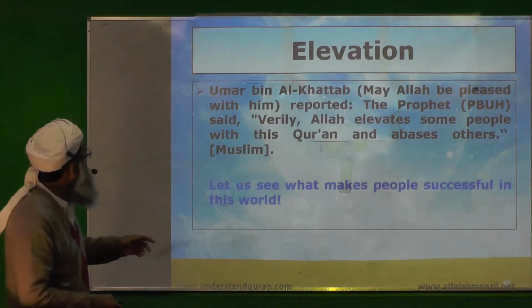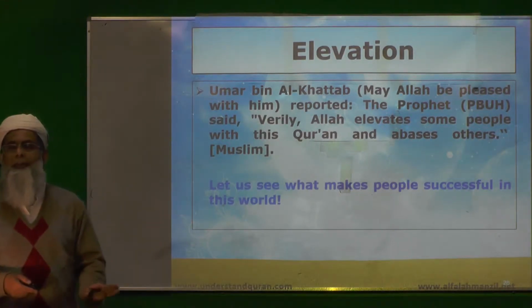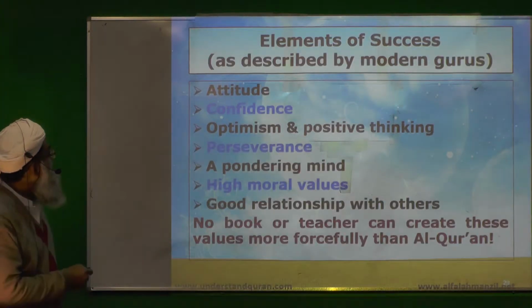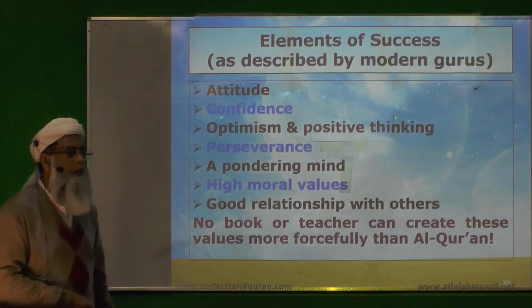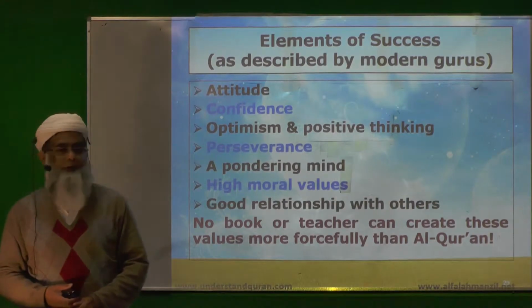Alhamdulillah. So let's see what makes people successful in this world. Whether they're Muslims or not, these are some of the elements of success taken from a workshop of success, maybe costing $500 for the weekend.